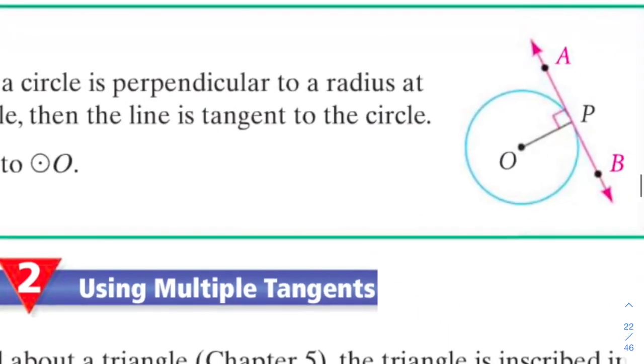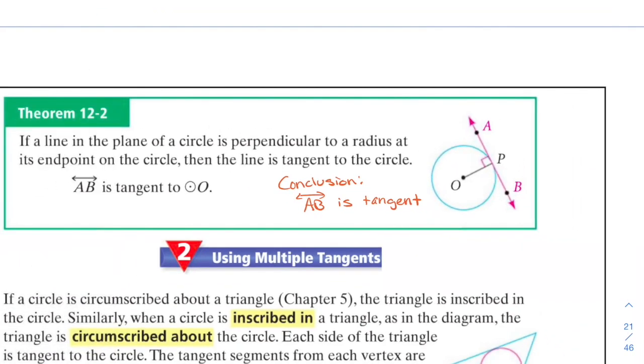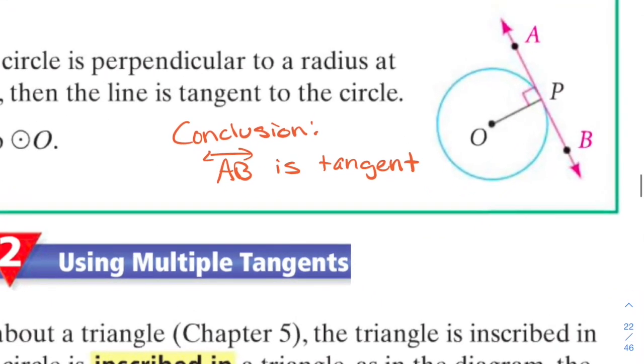So now I can conclude for this one, the conclusion is that line AB is tangent to circle O. So it's just going in the reverse order.